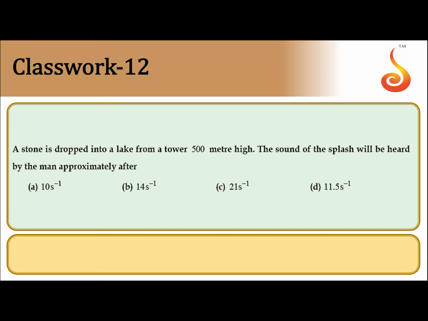Example 12. A stone is dropped into a lake from a tower 500 meters high. The sound of the splash will be heard by the man approximately after... Okay. So we can show the construction here. The stone is dropped and it goes down, taking a time t1.